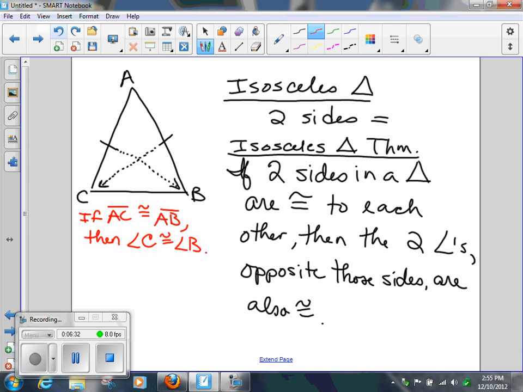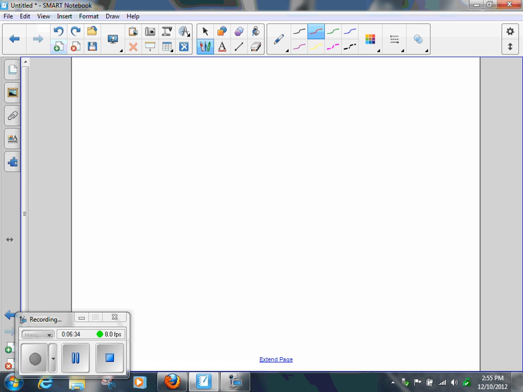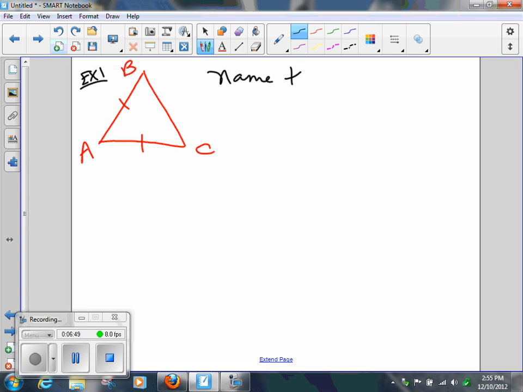So check this out. If I were to draw another triangle, we're going to call this ABC as well. We'll call this example 1. I want you to name the congruent angles.